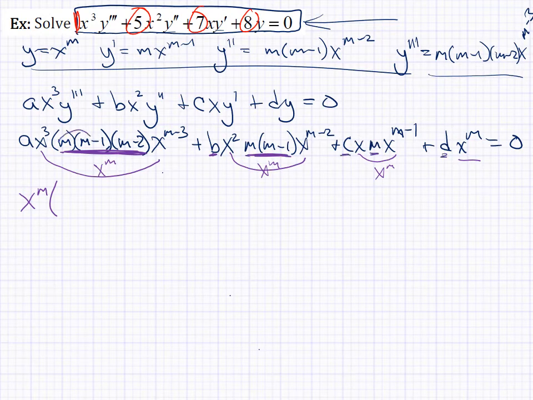Well, I'm going to actually have to multiply this out. So if you do these two, you're going to get m squared minus m, and then multiply it times the third one. What are you going to get?